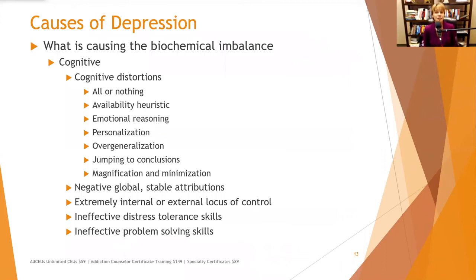The availability heuristic. This is when clients see something on the news, for example, and they think it's more frequent than it really is because they saw it and that's kind of prominent in their mind, or something that recently happened. So if you've been in a relationship with somebody for 10 years and maybe the last month or so they've just been a real bugger and a half, the availability heuristic might lead you to focus on that last month and a half and go, you are such a jerk.